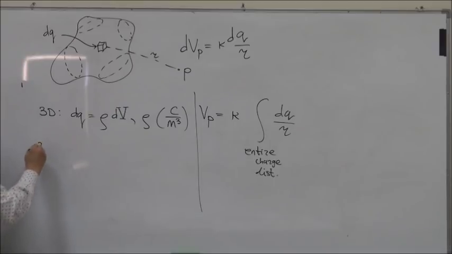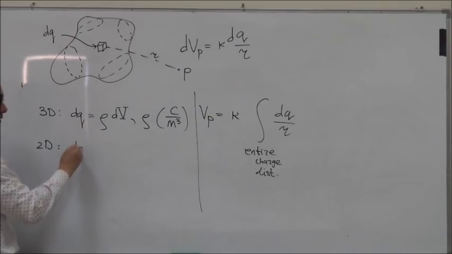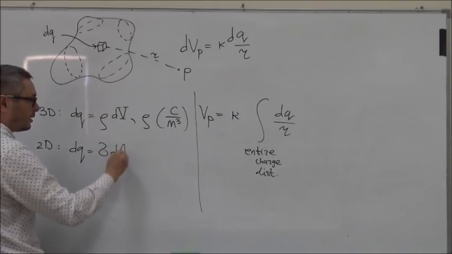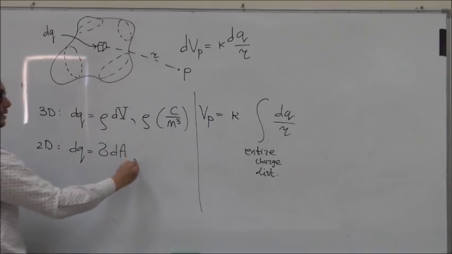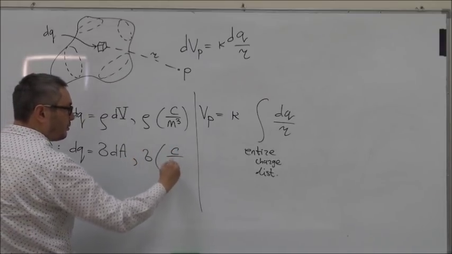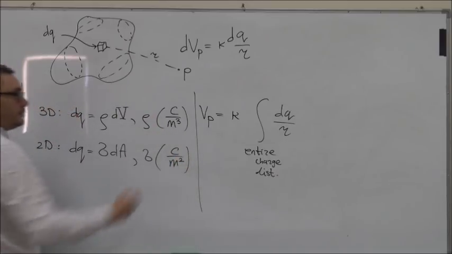If we have a 2-dimensional problem, in other words, if you have a surface of some sort, then the element dq on that surface will be represented as surface charge density sigma times the area element dA. So sigma would be the surface charge density, in coulomb per meter squared.